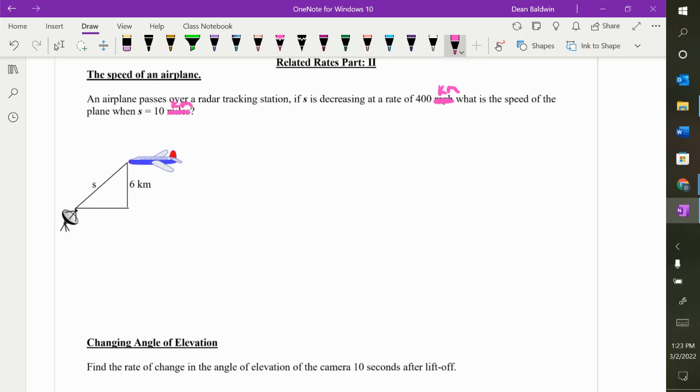Change everything to kilometers. That was instant, you're so fast. Sorry, I should have been consistent with my units. We're not in unit conversions here. So we're at 400 kilometers per hour because it's speed. What is the speed of the plane when s is equal to 10?